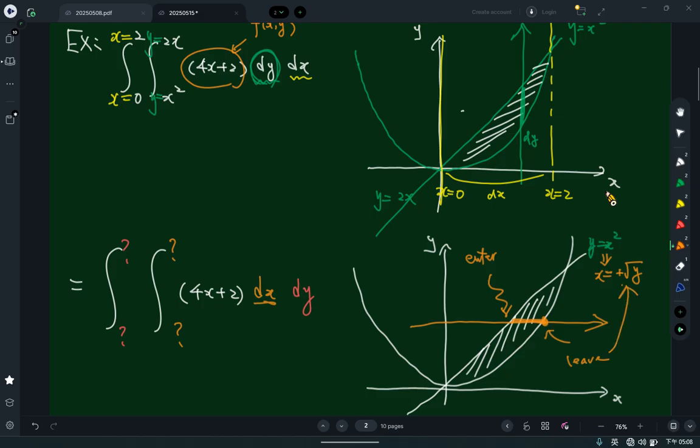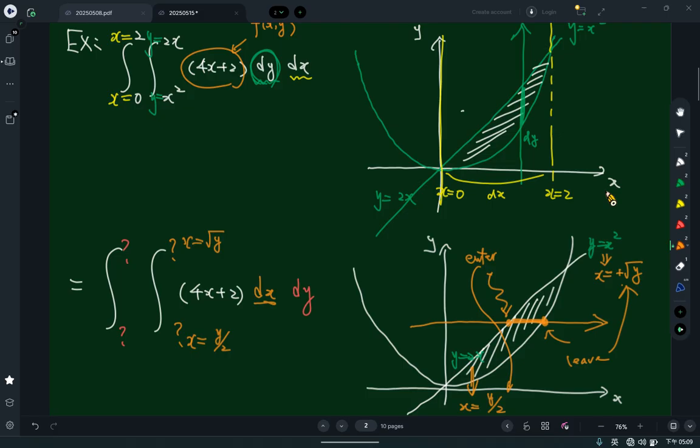And enter at, originally this is y is equal to 2x. So you need to change it, become x is equal to y over 2. So this is the enter point. So the start point, x is equal to y/2, to x is equal to square root of y.